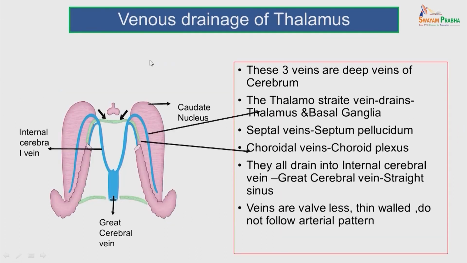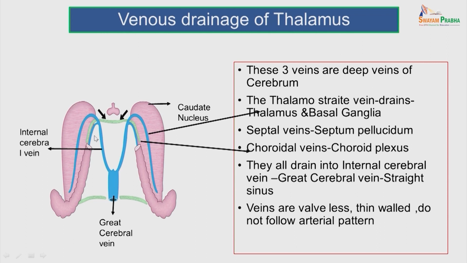The venous drainage of the thalamus, like all venous drainage, finally drains into the intracranial venous sinuses. It has three sets of deep veins: the thalamostriate vein draining the thalamus and the basal ganglia, the septal veins draining the septum pellucidum, and the choroidal veins draining the choroid plexus.